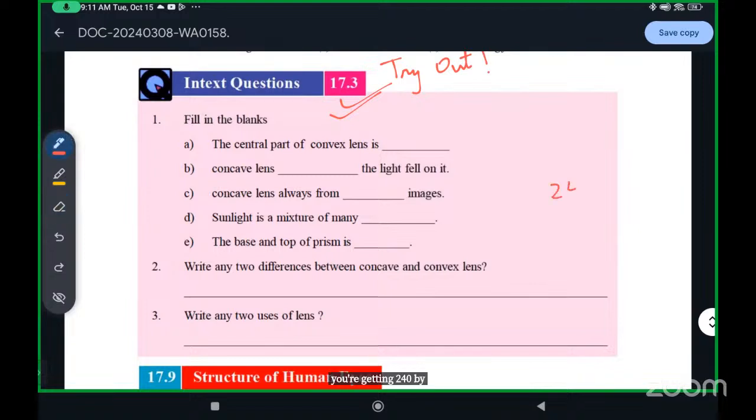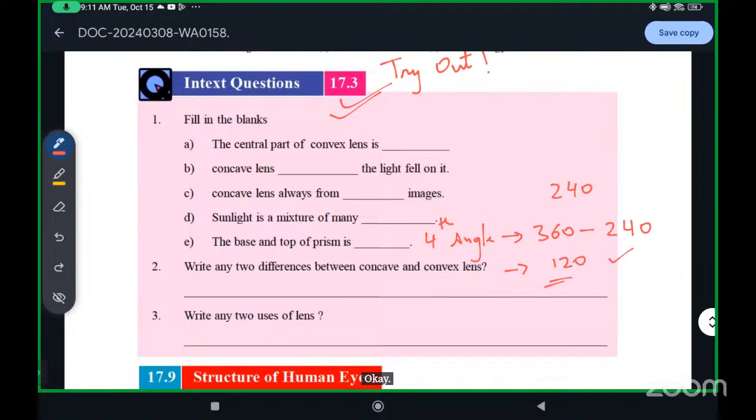Then the fourth angle is 360 minus 240, because the sum of all the four angles is 360. Three angles make 240 and one is 120, right? Okay, 120, yes.